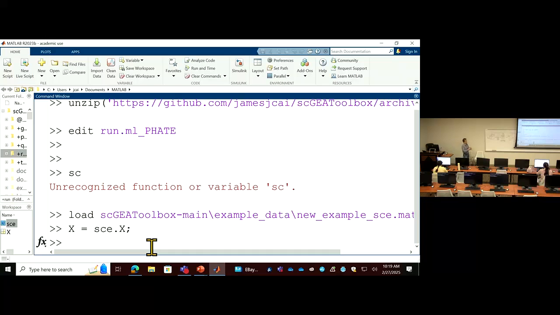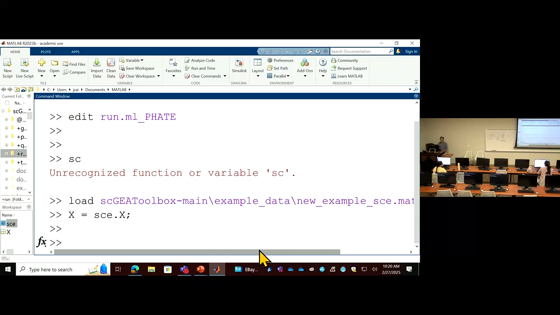So I just prepared a preloaded example data, which is X. It depends on where your current folder is, and this may change, but as long as you can point to the right example data, you should be able to load it.